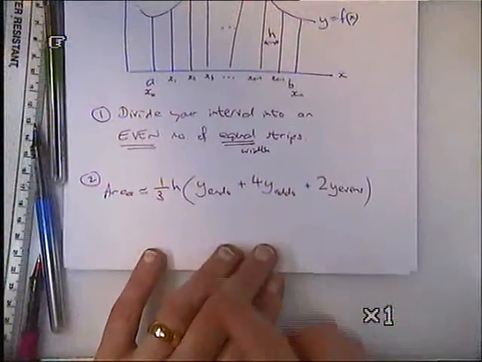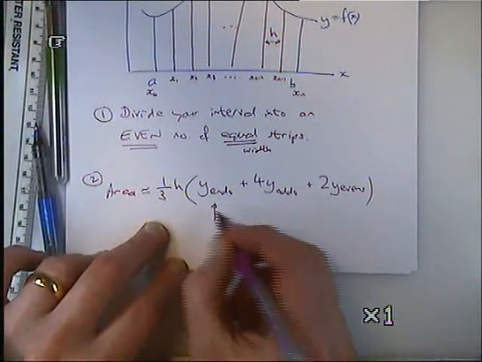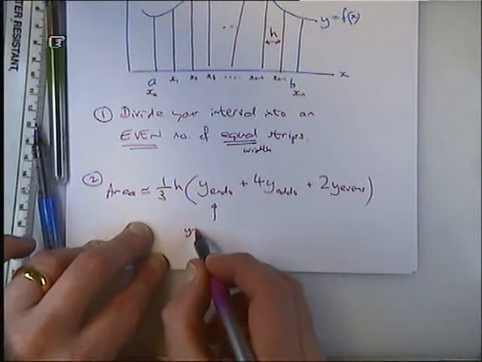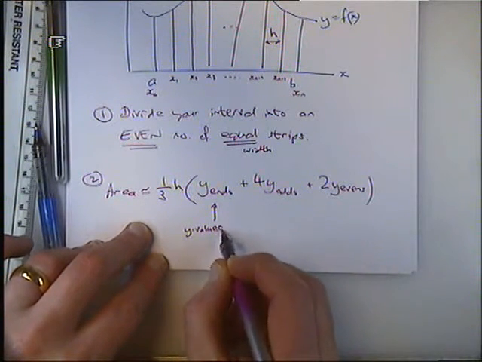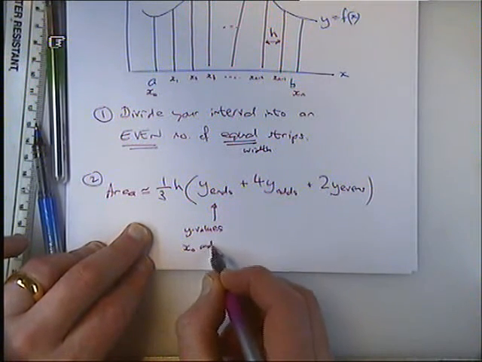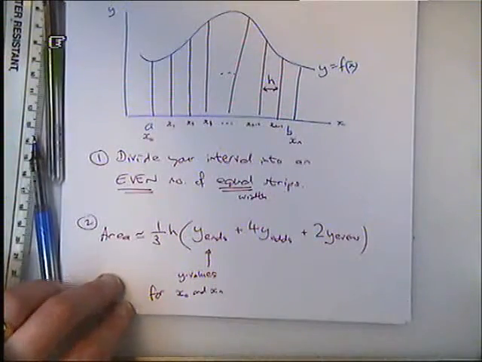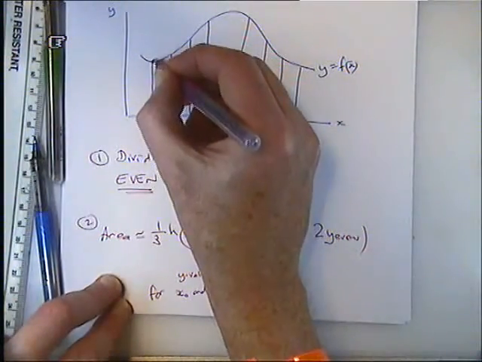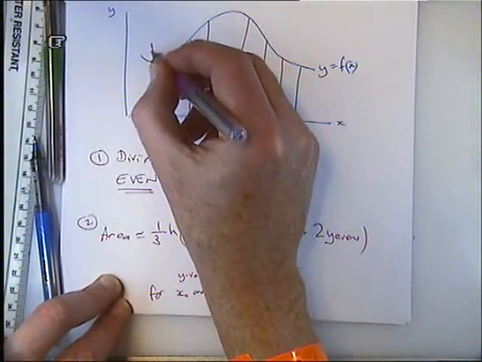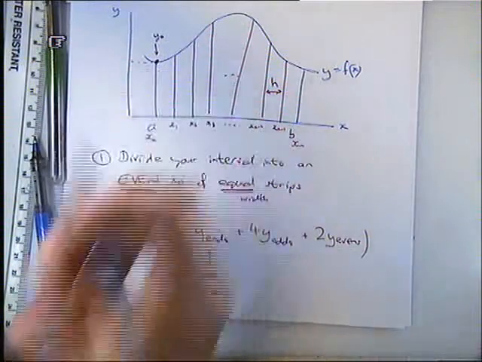Right, let's try and see what this means. Y ends means the Y values that go with x0 and xn. So in other words, that value there will be y0 when you read off on the y-axis.